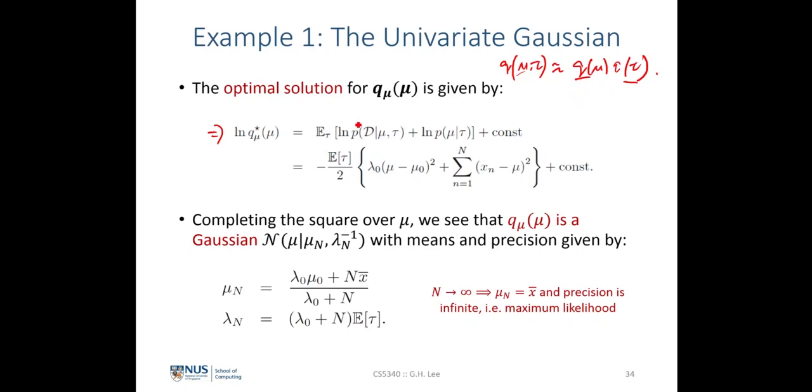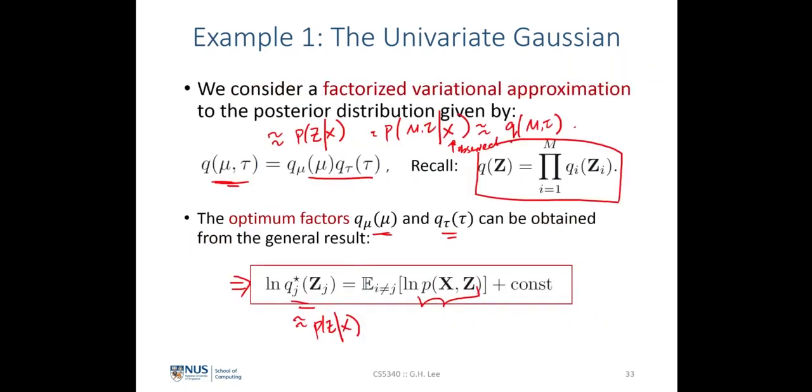Let's look at the first term, q mu. The optimal solution of log q mu star here is given by the expectation of everything except for mu itself over the log likelihood of x and z.